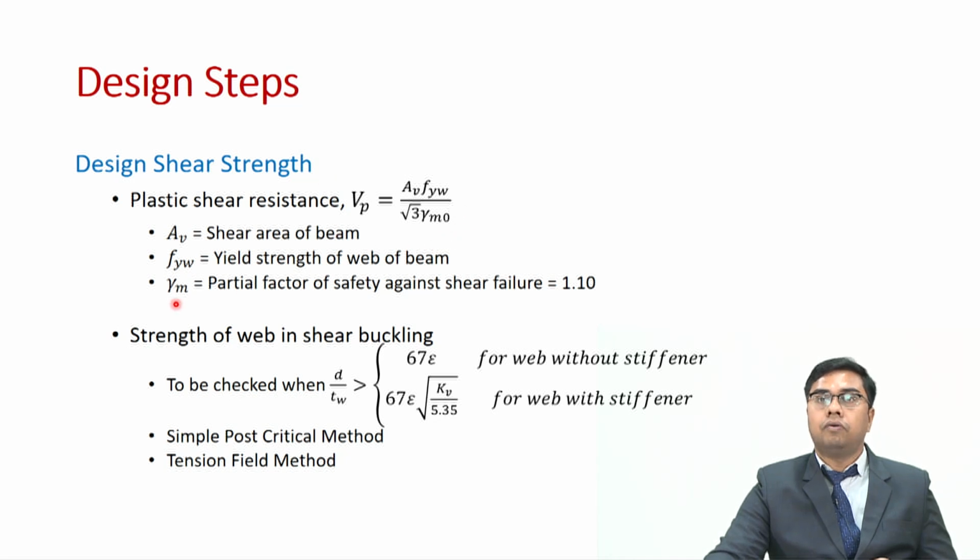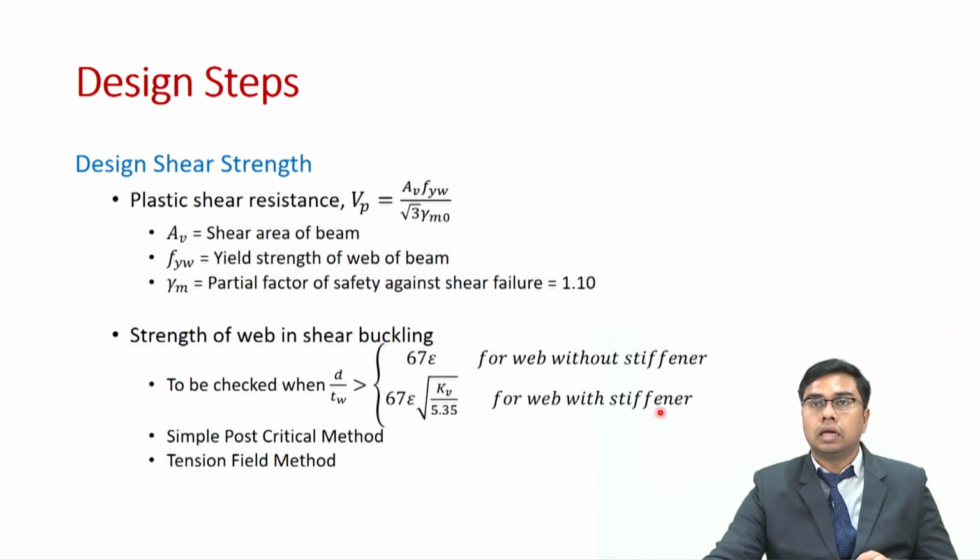Sometimes, when d by tw, which is the ratio of depth of beam to thickness of web, is greater than 67ε for web without stiffener, and 67ε times square root of kv by 5.35 for web with stiffener, then you need to check the strength of the web in shear buckling, because this kind of slender web is actually prone to shear buckling.